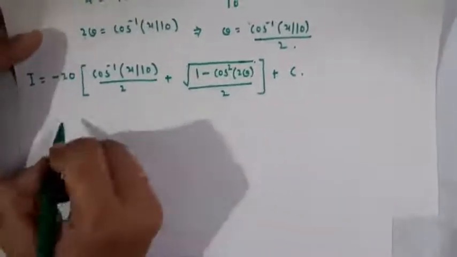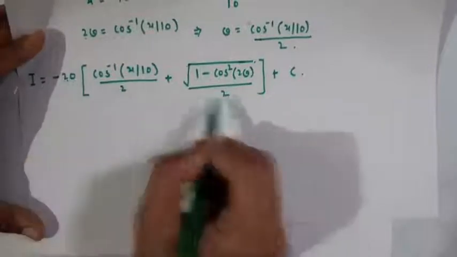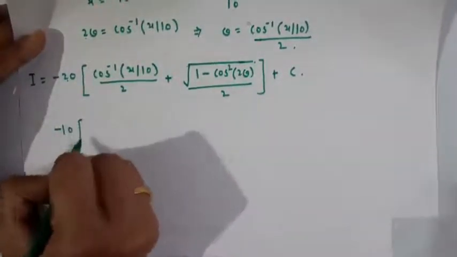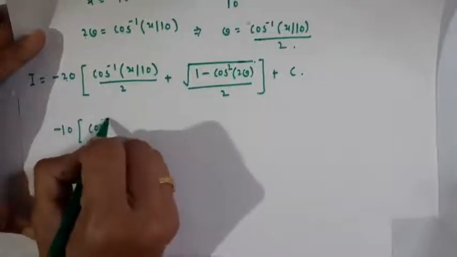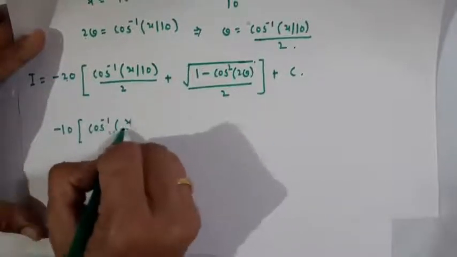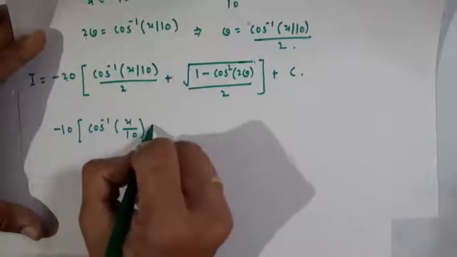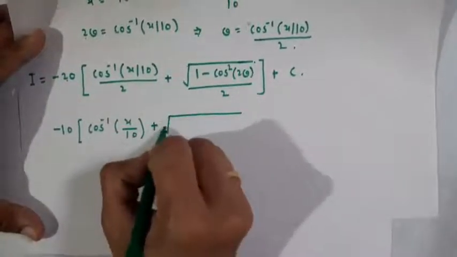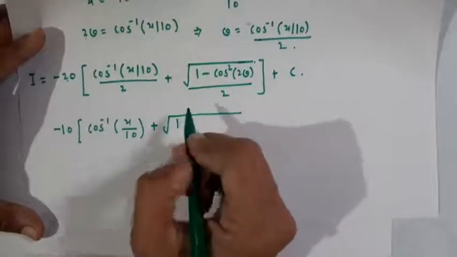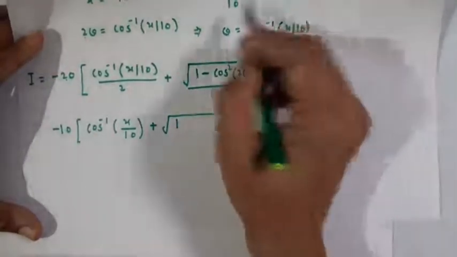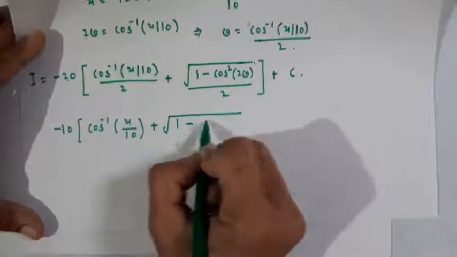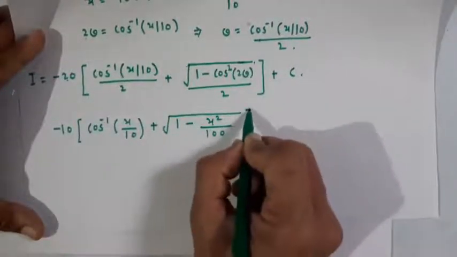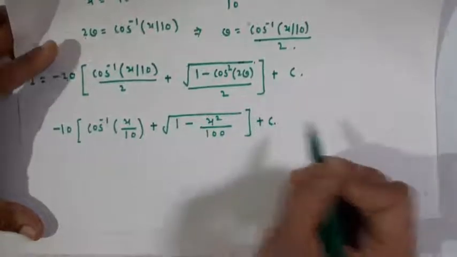Put the value, and we will get minus 20 upon 2, common out 2, here we will get minus 10, and this is cos inverse of x upon 10 plus, putting the value here, the square root of 1 minus the value of cos of 2 theta, which is x by 10, that's why it is 1 minus x square upon 100, plus constant of integration c.